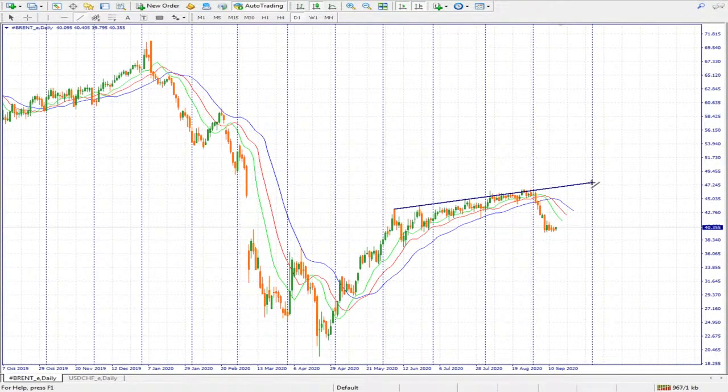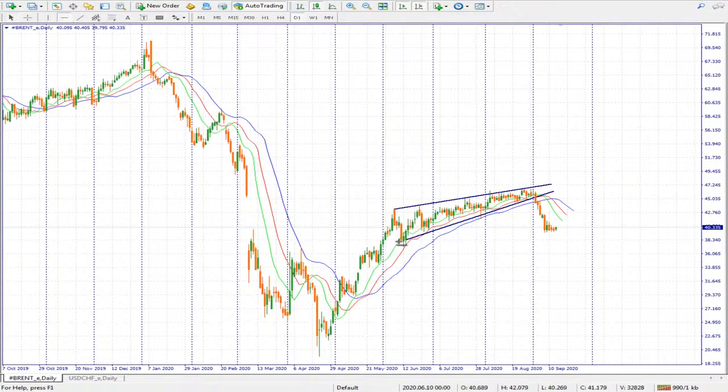We have Brent oil here. This is the trend line we had previously, and then it also had this. So we have several resistances here, and we have supports. It's a clear breakout below this support.